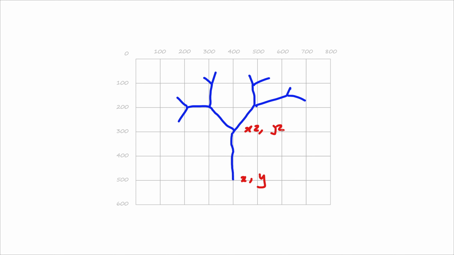Right, and we know that the line is 200 units in length. How do we work out what x2 and y2 is? Do we just say it's upwards, so it's the same x, but y2 is just y minus 200? That could work, but it wouldn't work for any of the other branches because they go off at an angle. So we need to think a little bit more generally about direction.